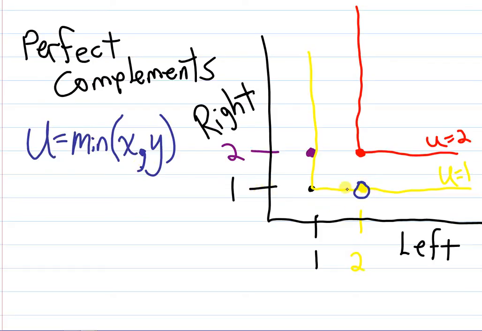Well, the minimum of 2 and 1 is 1, and that tells us that you have 1 complete pair. So the minimum function of the 2 is a way to get this kind of shaped function. And if it wasn't in the same 1 to 1 proportion, you could say, well, what's the minimum of 3x and 2y, to make it a little more general.